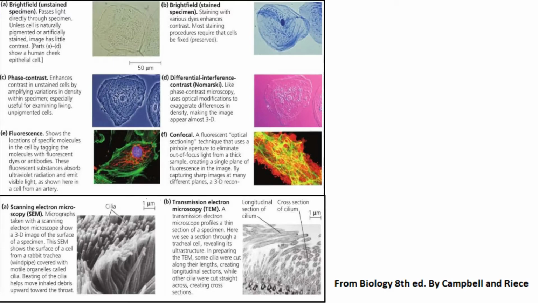This is only a smattering of what's out there for imaging techniques. There's a bunch of things missing from here. There's two-photon, there's XRM, which is X-ray microscopy, there's tomography, and the latest techniques.